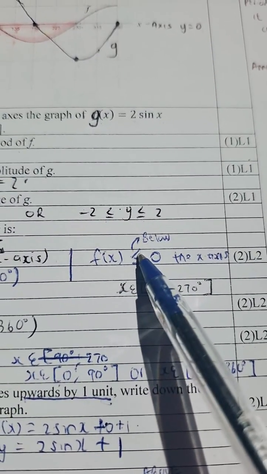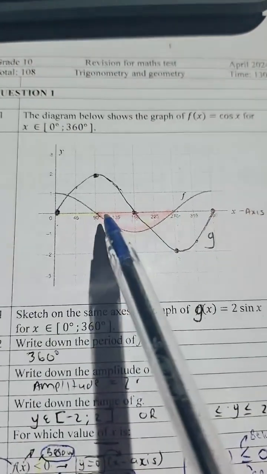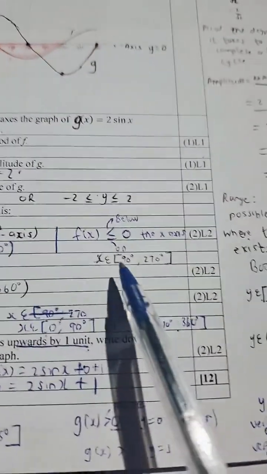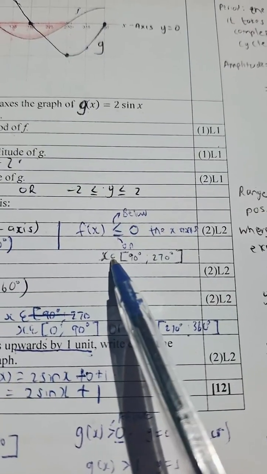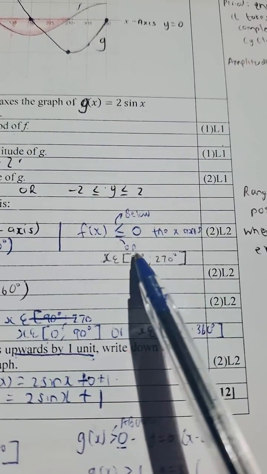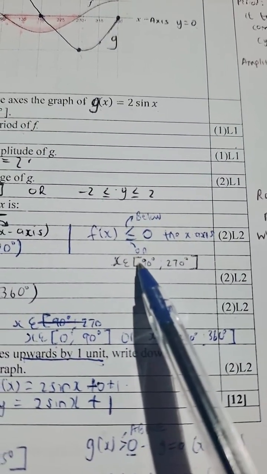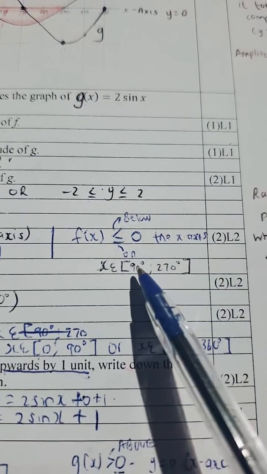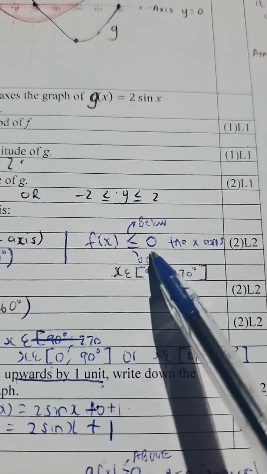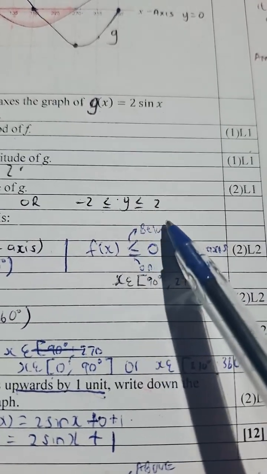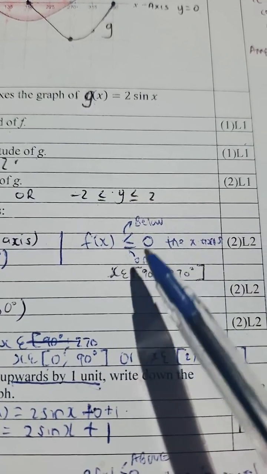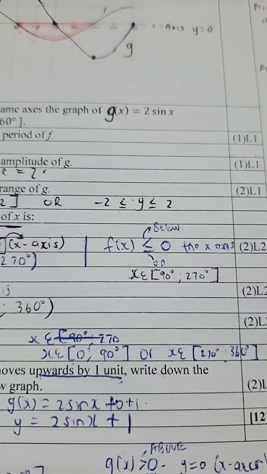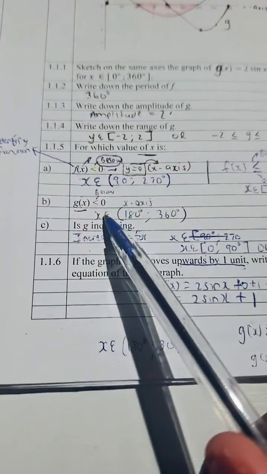Then for below, where is the function below the x-axis? It is between these two values. So now when we write the answer, we say x is an element. We no longer use open brackets, but we use square brackets or closed brackets for both sides, because for both 90 and 270, the function is on the x-axis, and between 90 and 270, the function is below the x-axis. Okay, I hope that's clear for all of you.